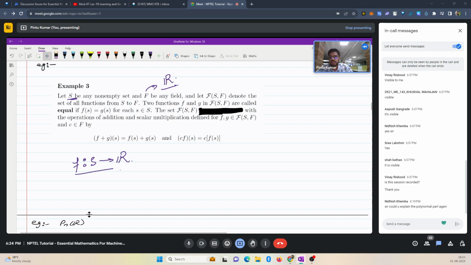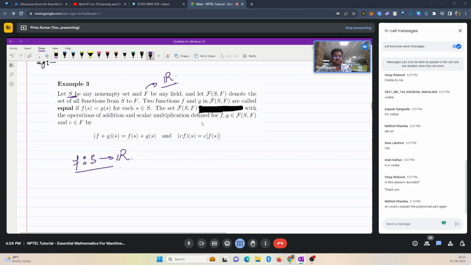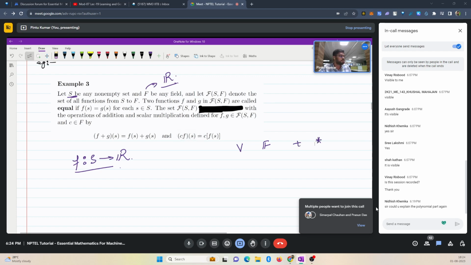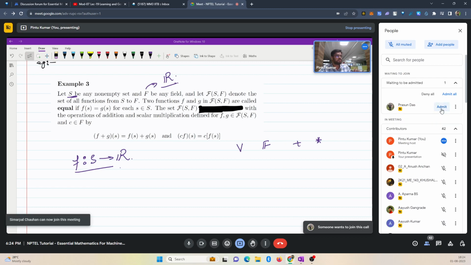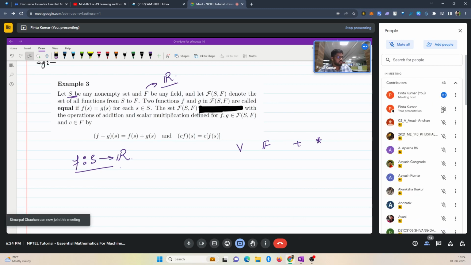As I mentioned, in order to define a vector space, we need four things: V, F, plus, and a multiplication symbol. If we want to transform these functions into a vector space, we will need these four things. We know what our V is: V is any non-empty set, that is S. We have a field as our R. Now we need to define addition of two functions.